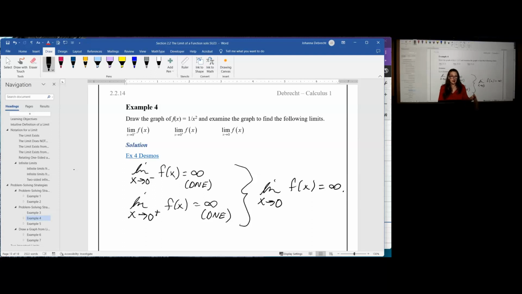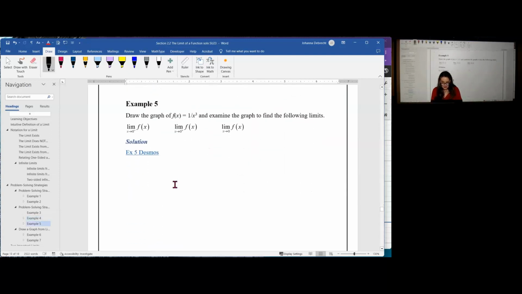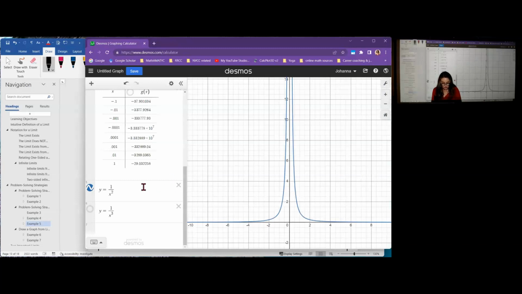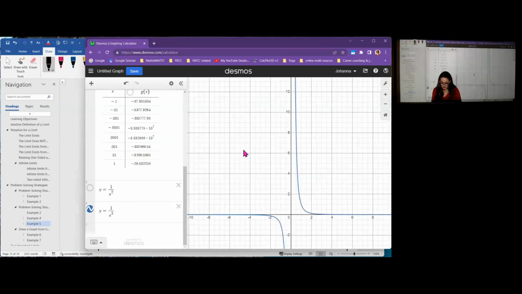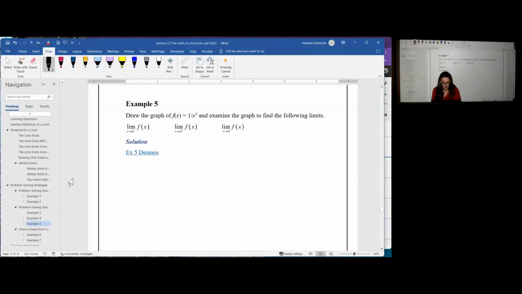All right, let's go ahead and move on now to another function and take a look at its graph. This is going to be the graph of 1 over x cubed. When I turn this graph off and turn on 1 over x cubed, pull it up a little bit, we want to examine the behavior of the graph as x gets close to 0 from both sides, the left, the right, and then both together.